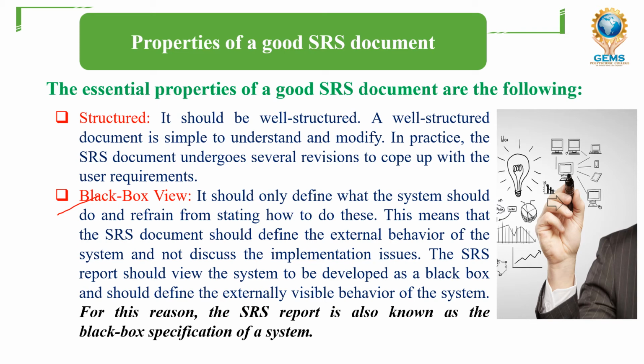So black box view says that the SRS document should define the external behavior of the system but not explain the implementation issues. The SRS document should view the system to be developed as a black box and should define the externally visible behavior of the system.